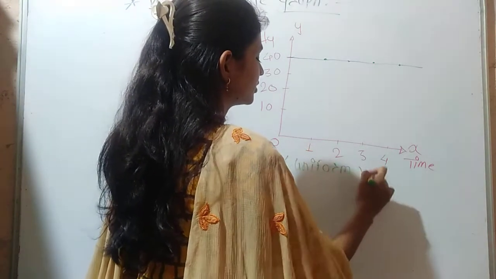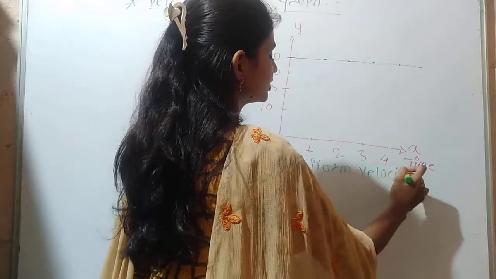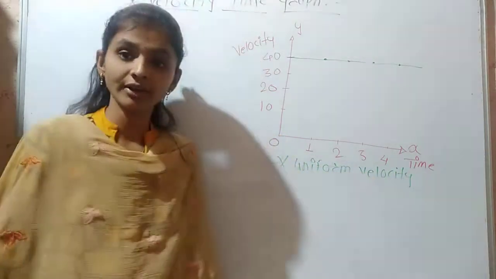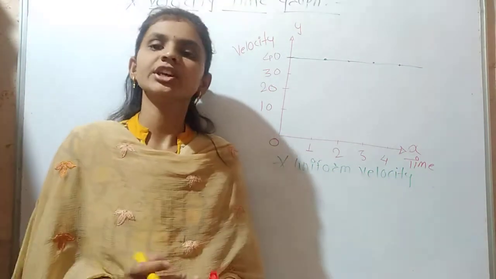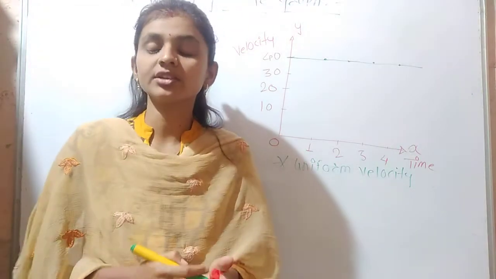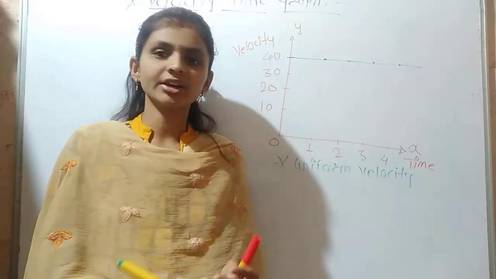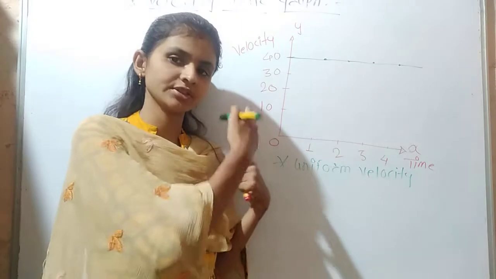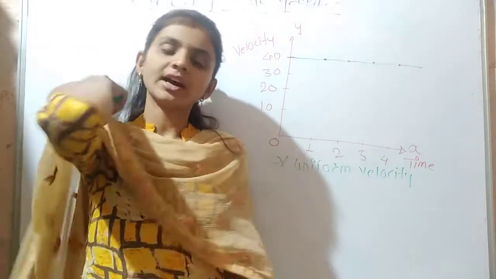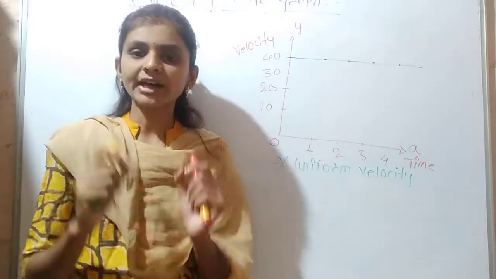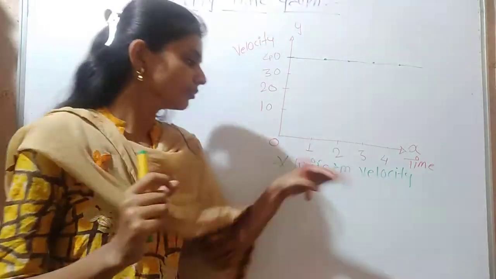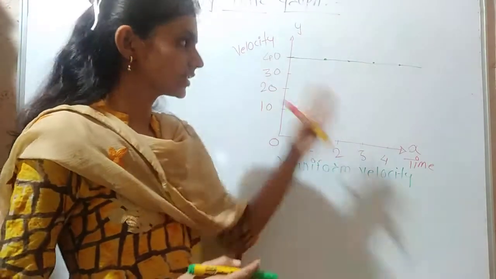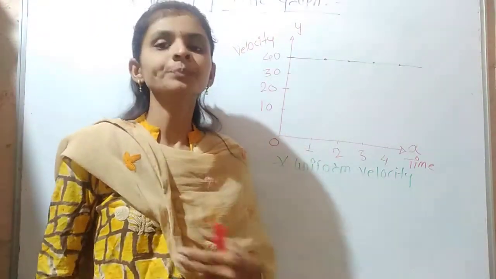The velocity is the same at any instant, with no change in velocity over the same intervals of time. So that is known as uniform velocity.